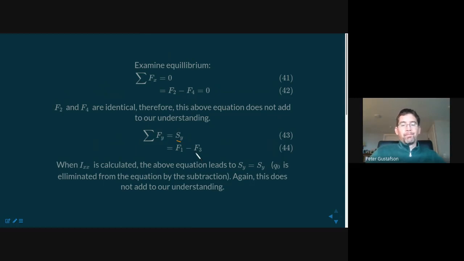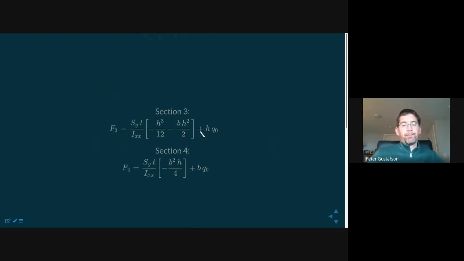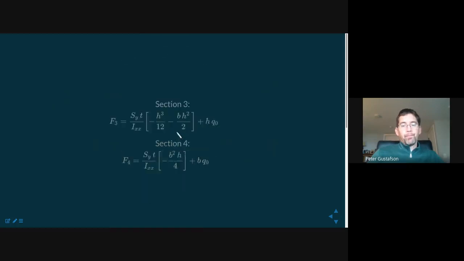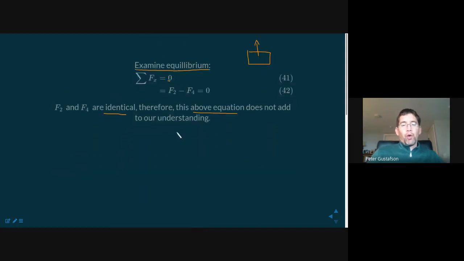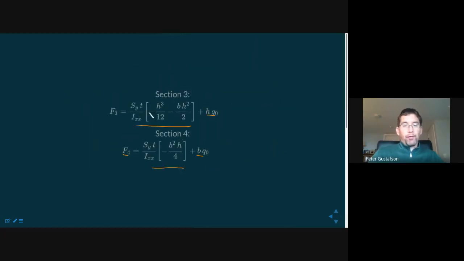Now, unfortunately, this one also doesn't help us that much. And the question, of course, is, well, why not? Well, if we look at these magnitudes, that's F3, that's F1. When we plug and chug, both of these, F1 and F3, have Sy in them.